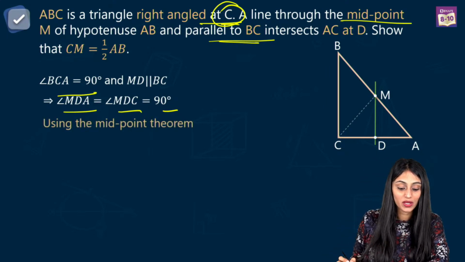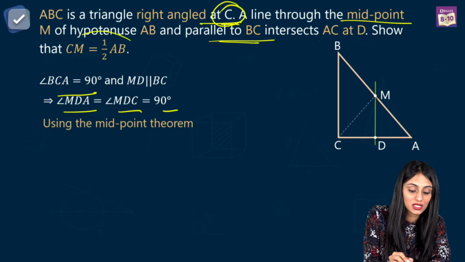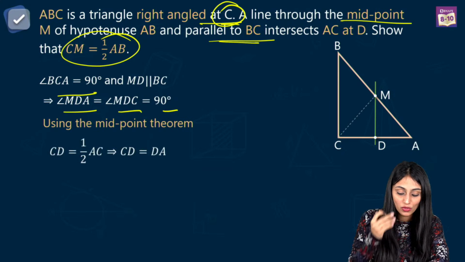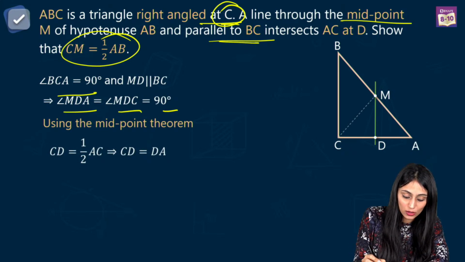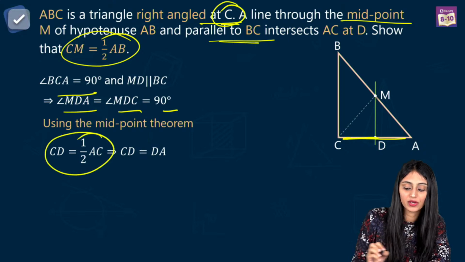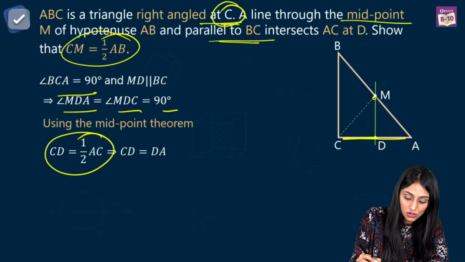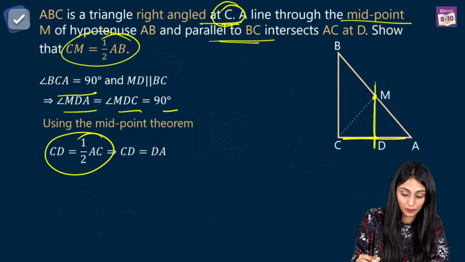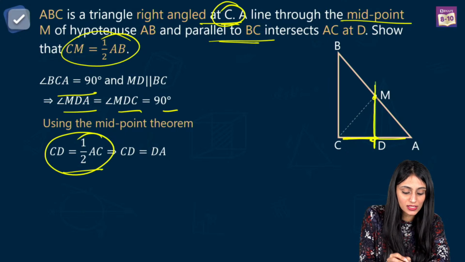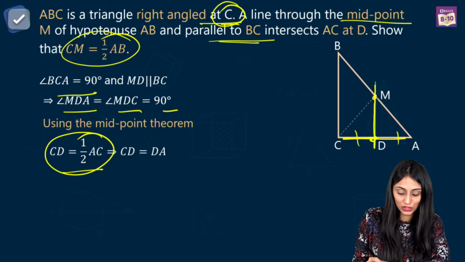Okay, now what we can do is we have to show that CM is equal to half of AB. To prove this, I'll be using the midpoint theorem. So from midpoint theorem, we know one thing, that this CD over here is going to be half of AC, right? This is already given in the question. Why? Because it is drawn through the midpoint M over here, right? So once you use the congruency also, you can say that this will be half of AC. So CD and DA over here are equal.